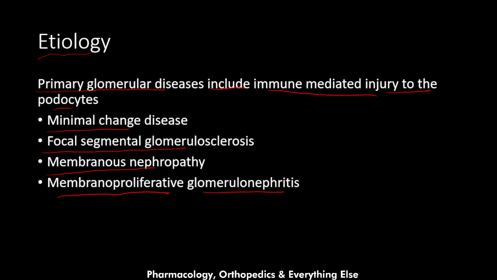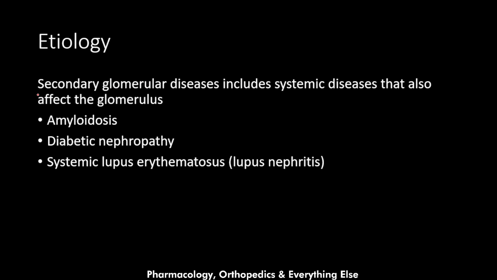And we will explain all of them separately in different videos that will come next. In the secondary glomerular diseases, those include systemic diseases that also affect the glomerulus, and examples for those would be the amyloidosis, the diabetic nephropathy, the systemic lupus erythematosus, which is also called the lupus nephritis, and those will also be explained in separate videos that will come next.